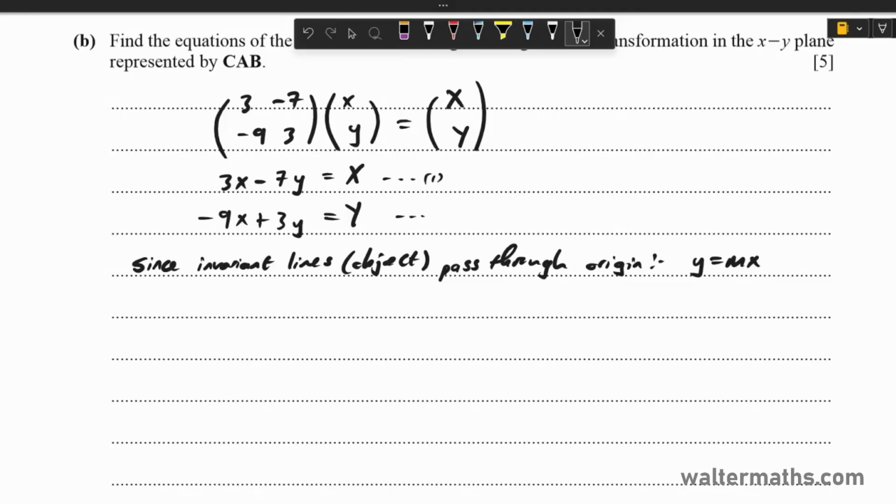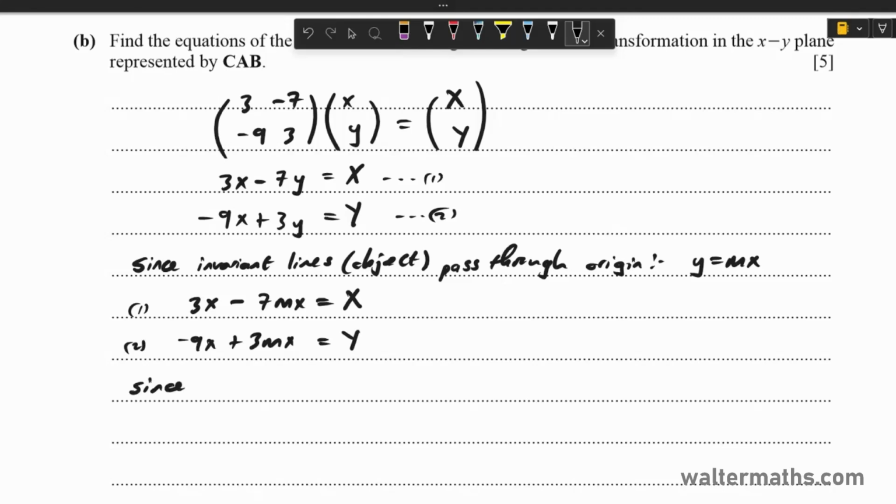This is equation 1, this is equation 2. So equation 1 will be 3x minus 7mx is equal to big X, and minus 9x plus 3mx is equal to big Y. That's for equation 2.